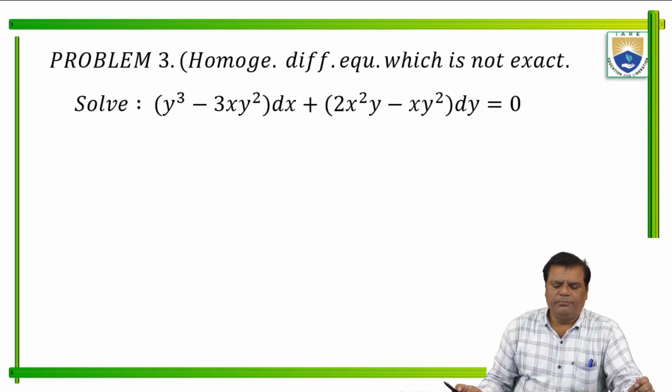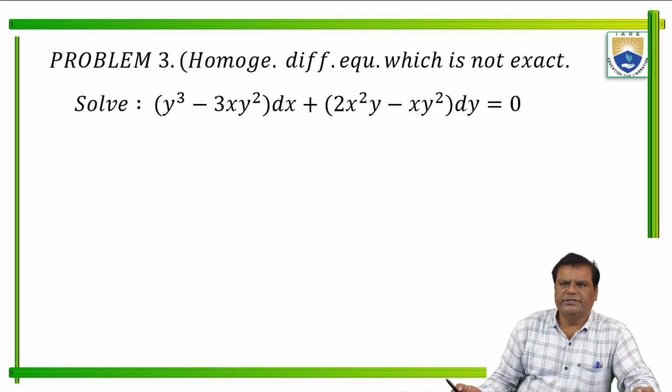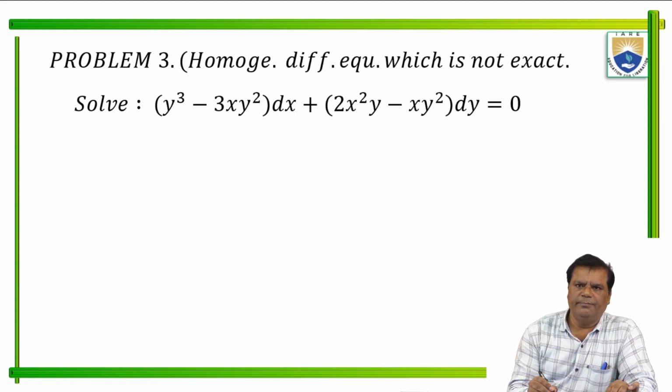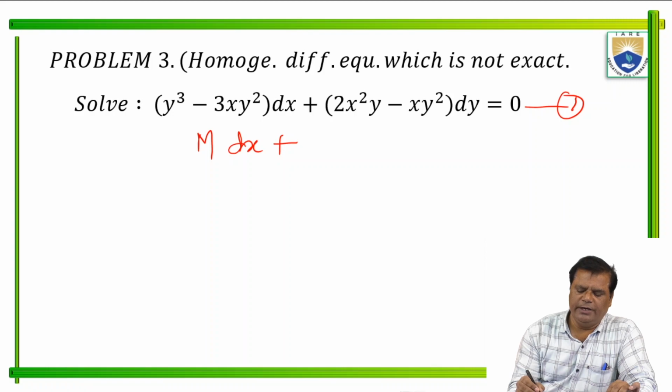Now next problem 3, of a homogeneous differential equation which is not exact. Okay. So here comparing this one, equation 1, with m dx plus n dy equal to 0, this equation 2.